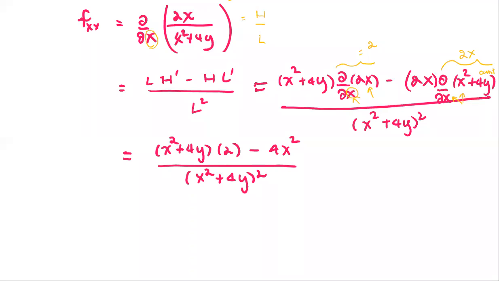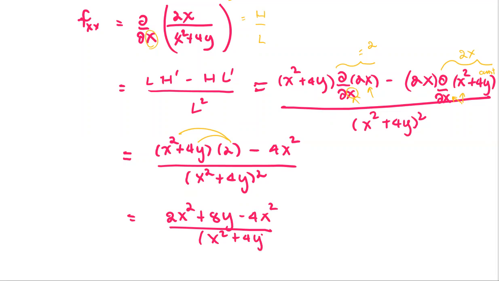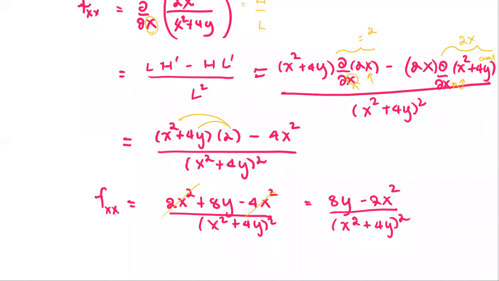And then we're going to simplify by distributing 2 inside the first group, which becomes 2x squared plus 8y minus 4x squared, all divided by x squared plus 4y to the power 2. 2x squared minus 4x squared reduces to 8y minus 2x squared, all over the quantity x squared plus 4y to the power 2. So this is the second partial derivative for any x, y.